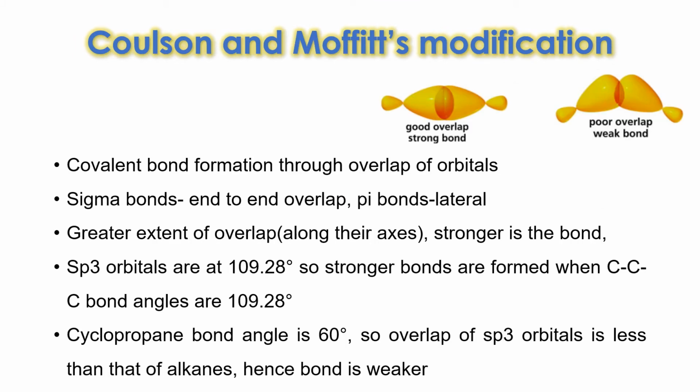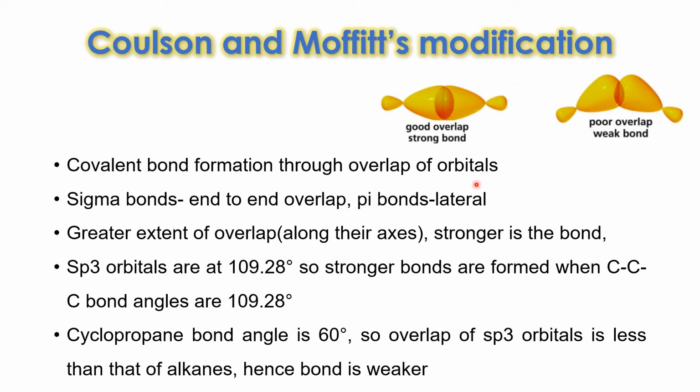This theory was modified a little by Coulson and Moffitt. They went beyond just bond angle deviations. They explained the stability of cycloalkanes through overlapping of orbitals, because whenever a covalent bond is formed, it is always through the overlapping of orbitals.